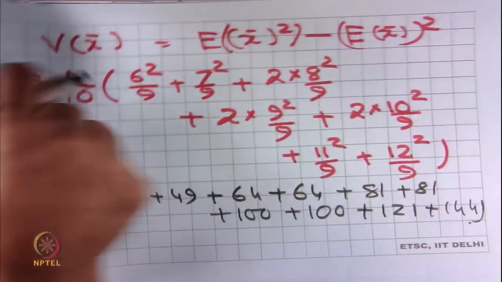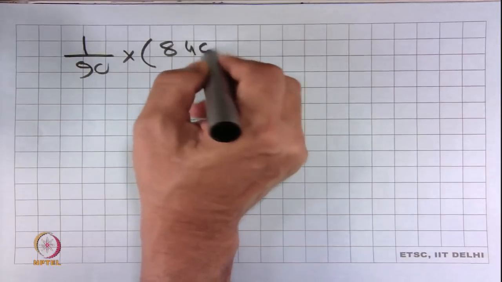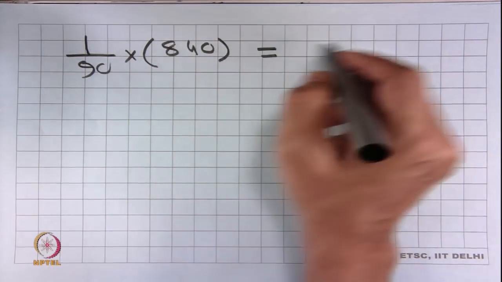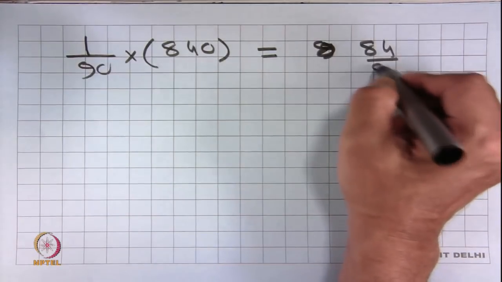This is equal to, if you calculate, 1 upon 90 into 840, which is equal to 84 by 9.